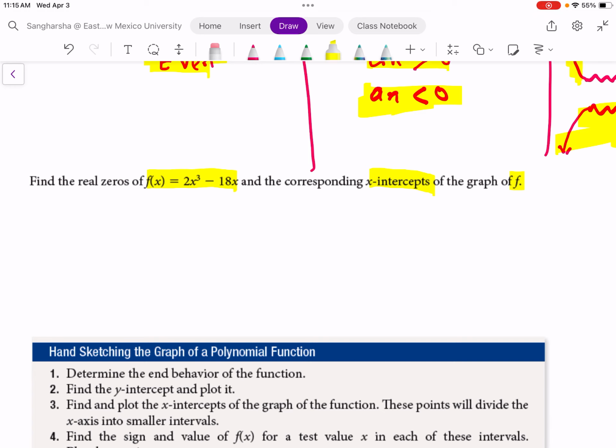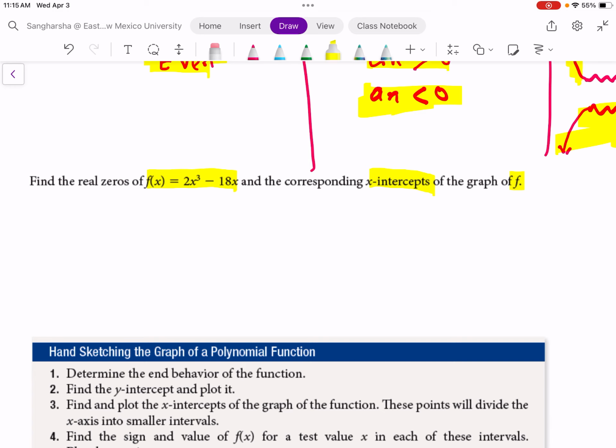Now, does it mean that we're going to use 0 for every x, or what is the real zero? So what are we finding? Are we finding x or are we finding f of x? Any guess? You have the two options. Are we looking for the input or are we looking for the output?